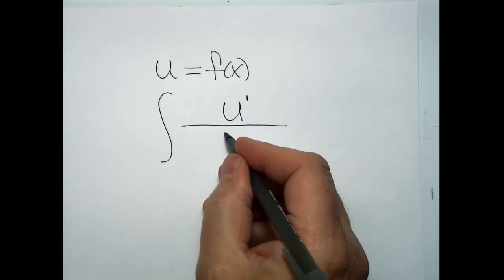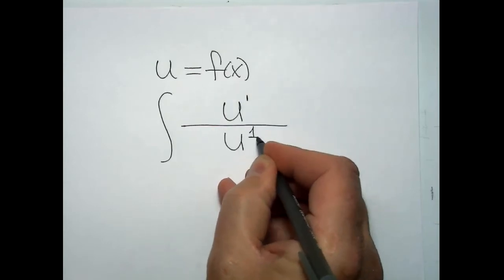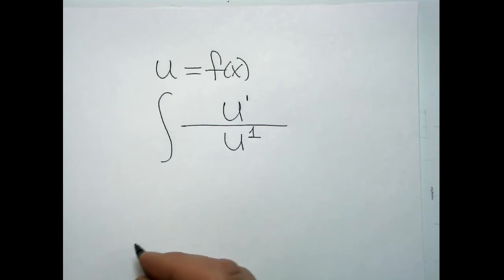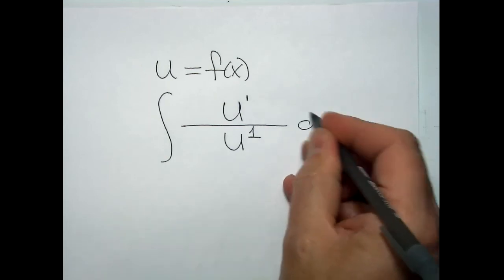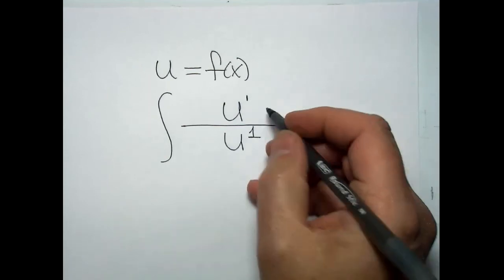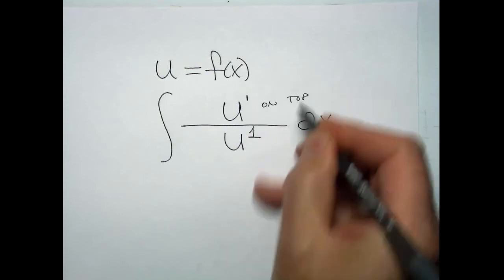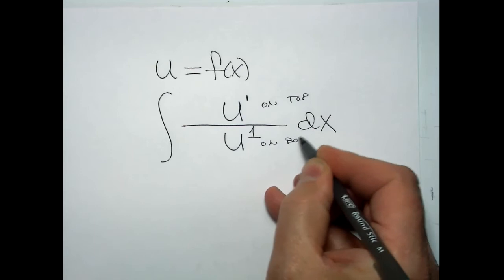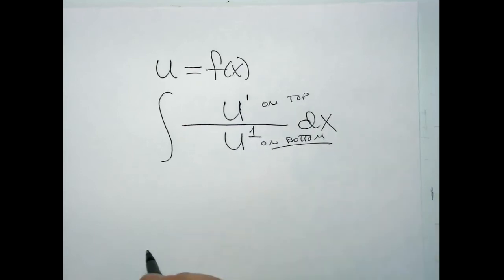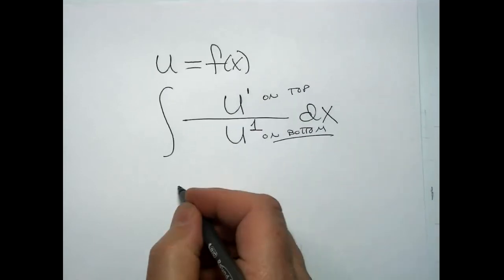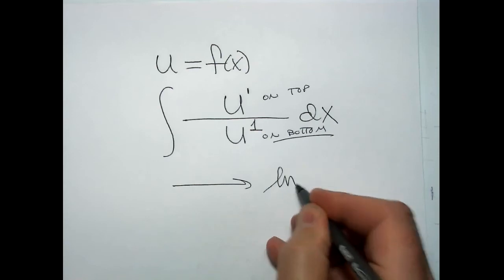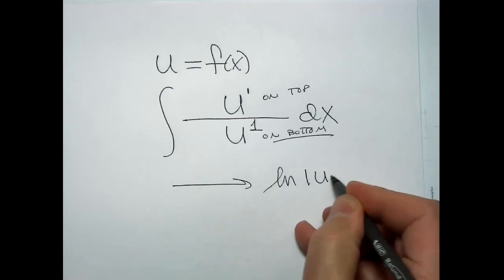What you want to see on the bottom is u to the 1 power. If you see u prime on top and u to the 1 on the bottom, then the answer is the natural log of the absolute value of u.